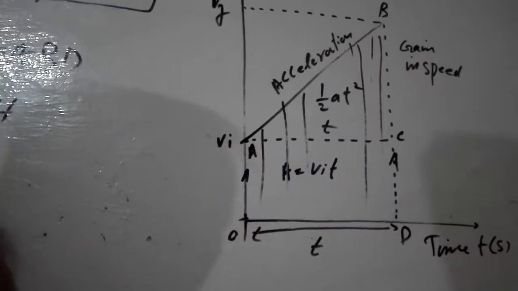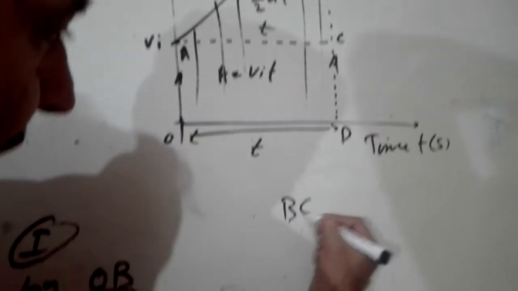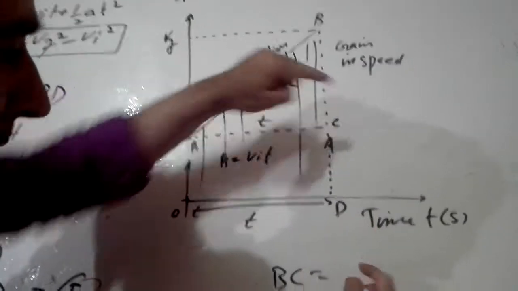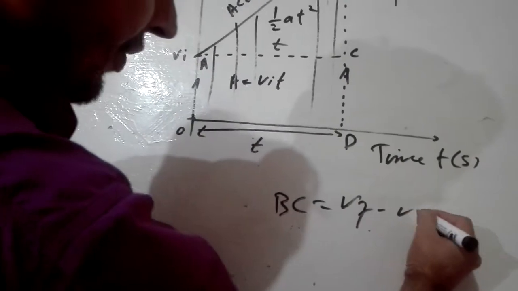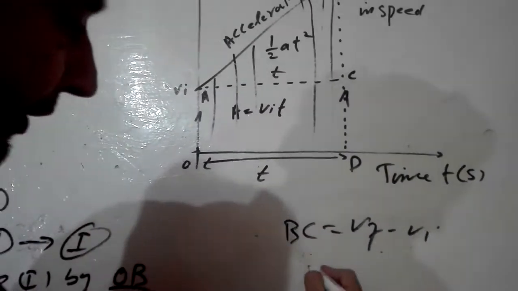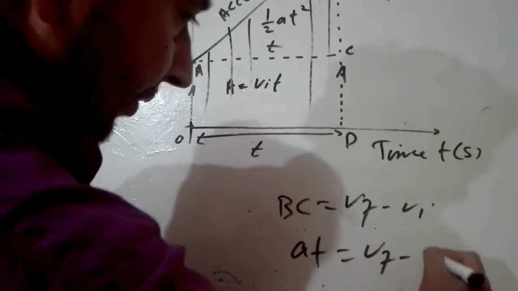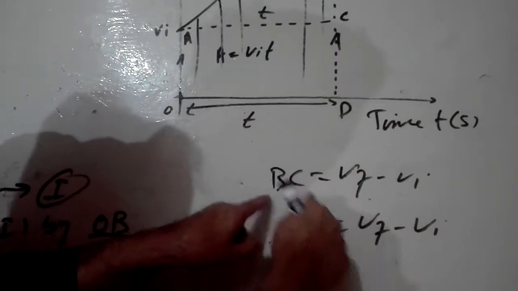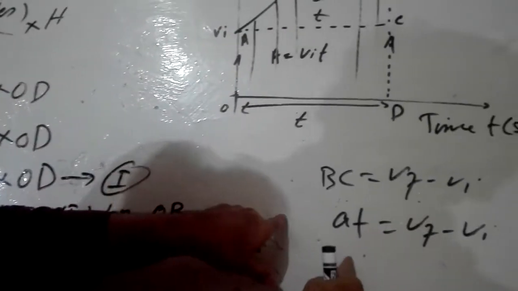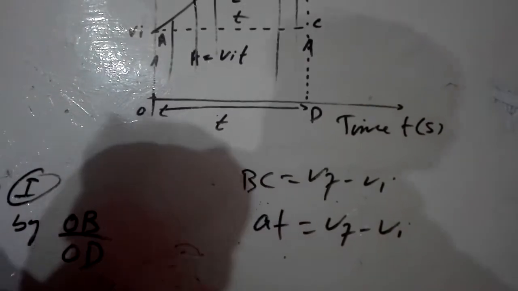Notice, if you have studied the first equation of motion, what is the value of BC? BC is equal to BD minus CD, meaning VF minus VI. And in the first equation of motion, VF minus VI gives you AT. So BC is equal to AT. Clear? So if I put the value of BC, then I will get the value of AT.